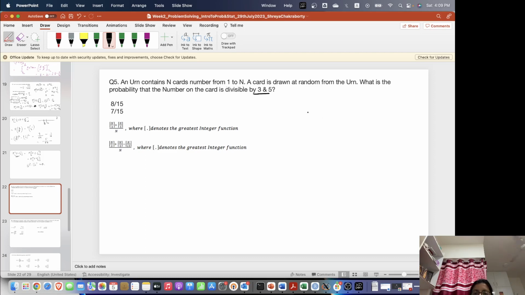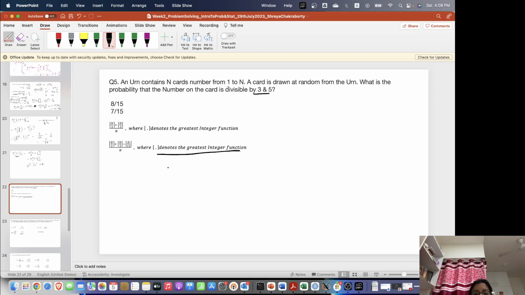So we have one card is drawn from the n set.